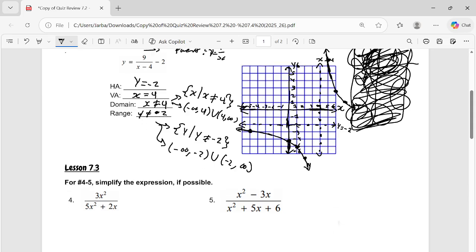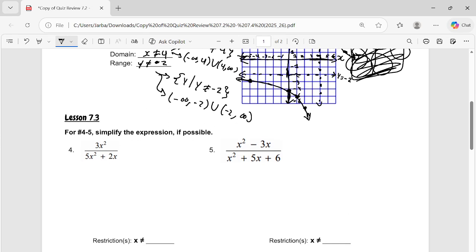Alright. 4 and 5, we want to simplify the expression. So what I'm going to do for this one, I'm going to take out an x from the top, so it leaves me with x times 3x. And over here, I'm going to take out an x from the bottom, so that'd be 5x plus 2.